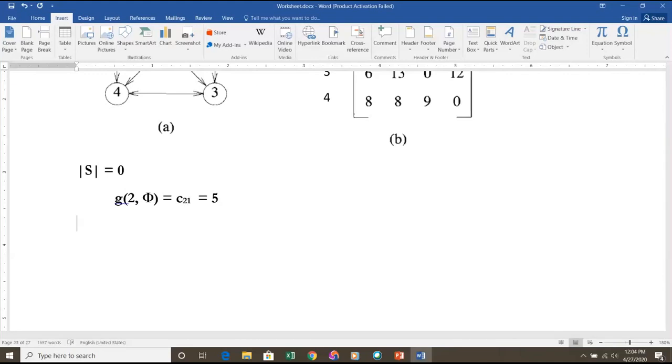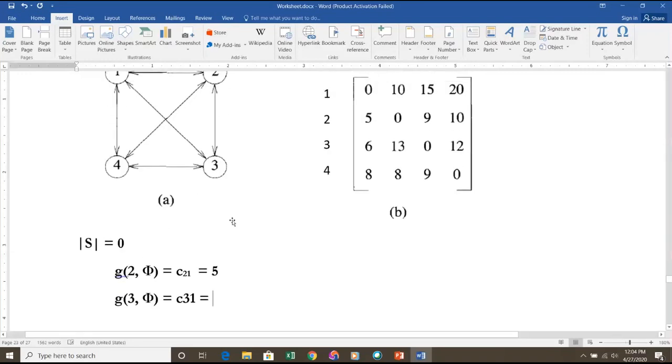Similarly, take the other vertex, G of 3 comma null, equal to the cost from 3 to 1. What is the cost from 3 to 1? It is 6. Next vertex remaining is 4 to 1, G of 4 comma null.